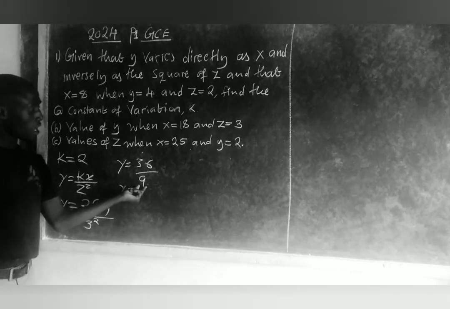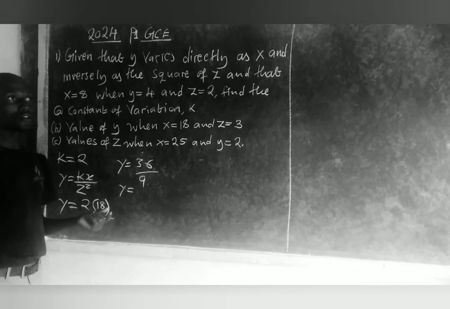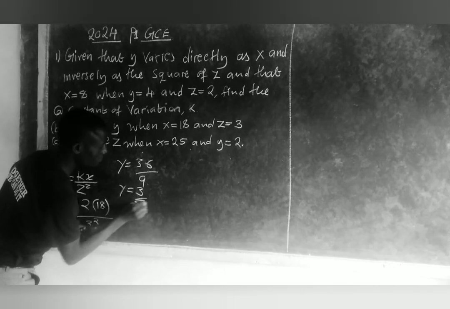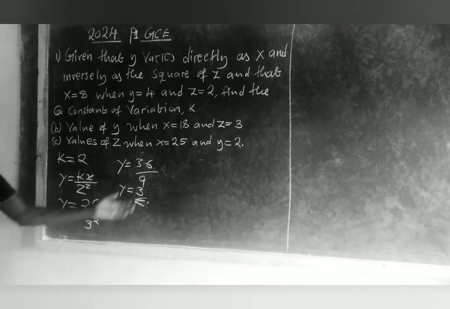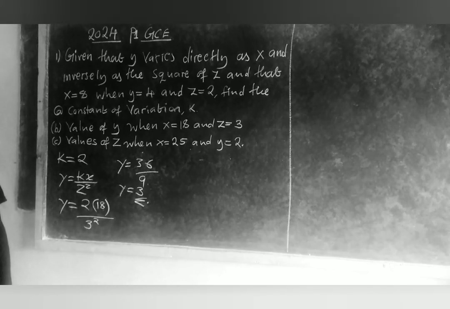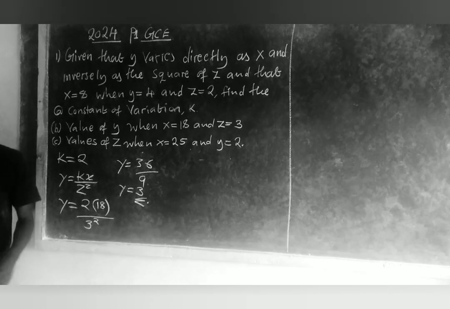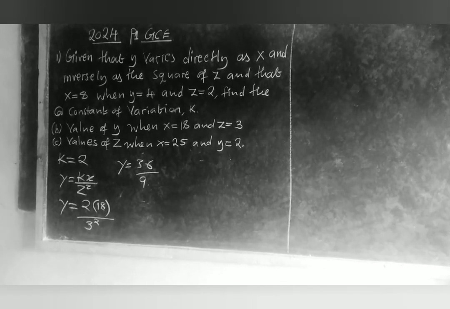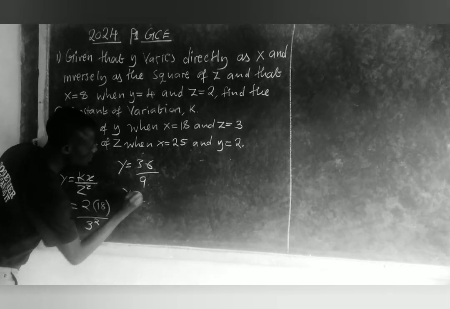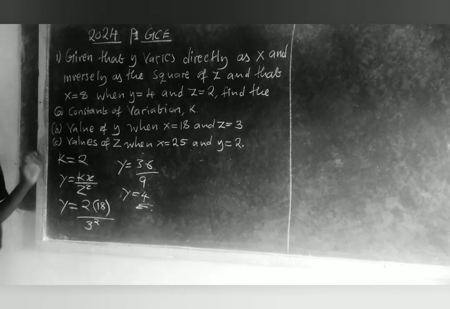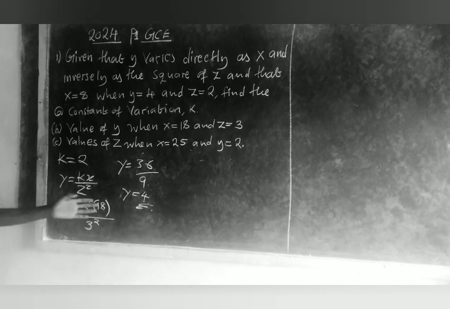That is 4. Of course, here how many 9 can go into 36? That is 4. So this is the value of y, as we have found.